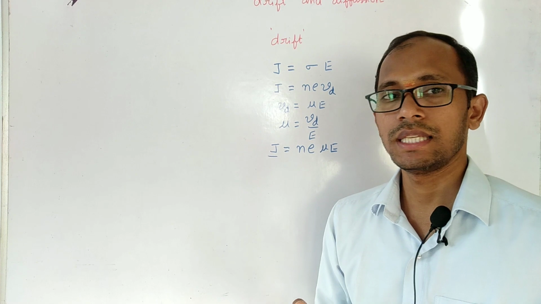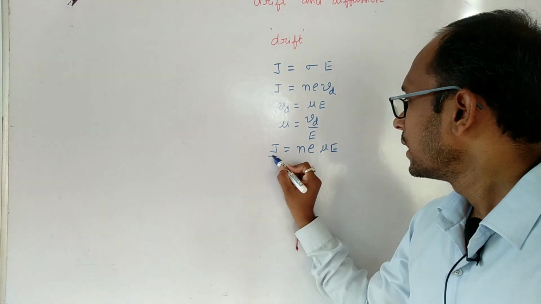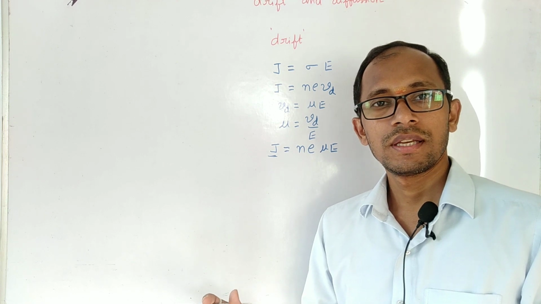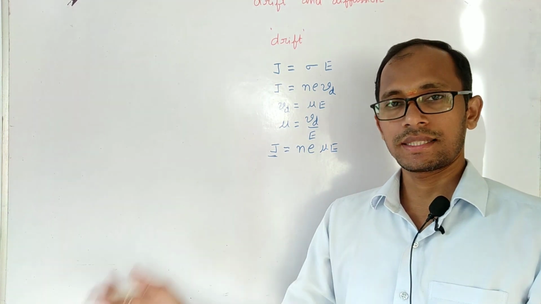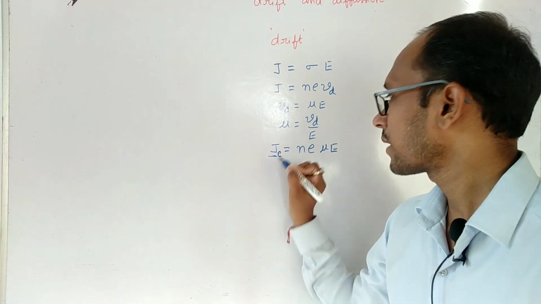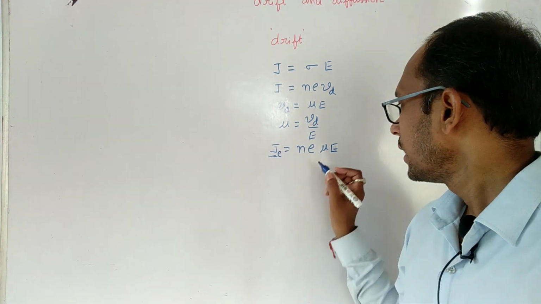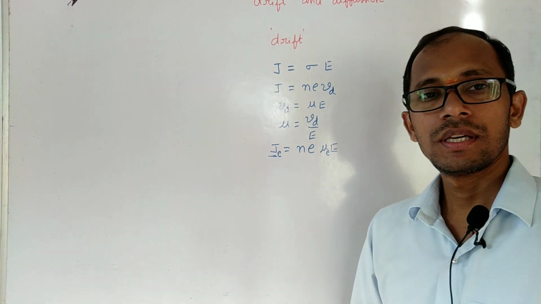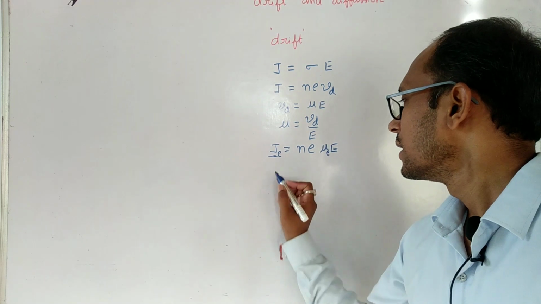in free atom theory. Now in semiconductors we have two types of charge carriers, holes as well as electrons. So the current density due to electrons, Je, is equal to n e mu_e E, where the drift velocity vd is equal to mu_e E. This is for the electrons.